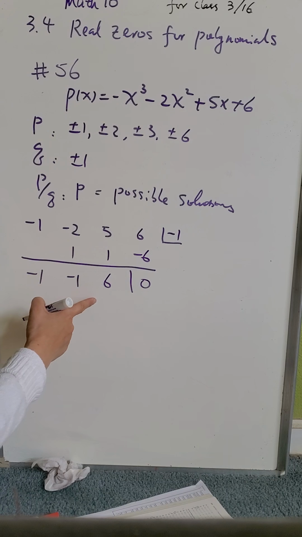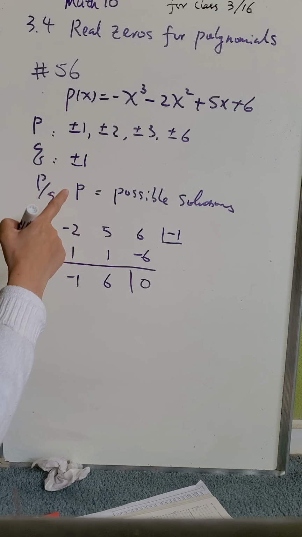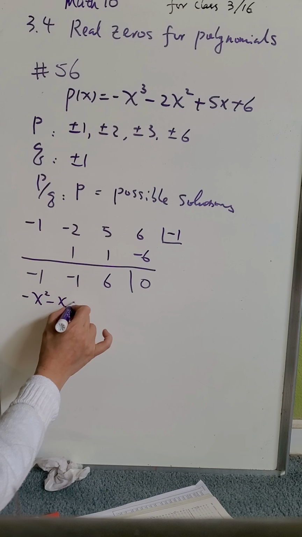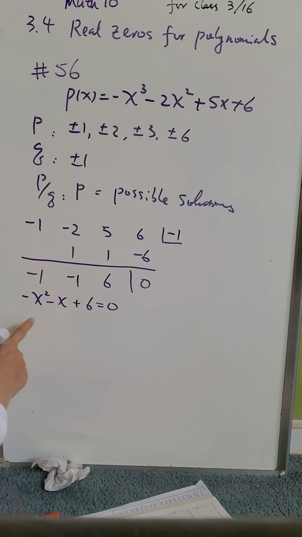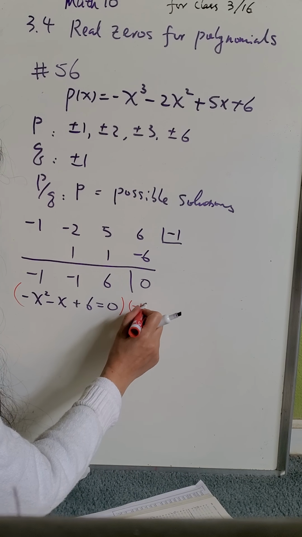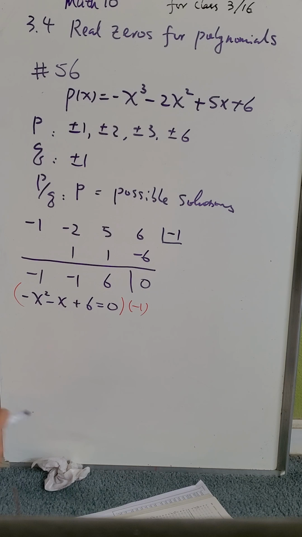Once I get to degree 2, I'm just going to put it back to polynomial form and use factoring. So I have negative x squared minus x plus 6 equals 0. I have a negative in the first term, and I want to take it away by multiplying by negative 1 on both sides, so it's easier to factor that way.